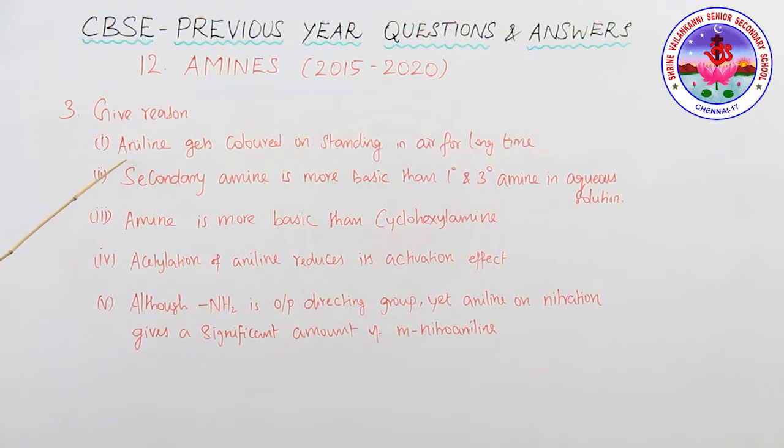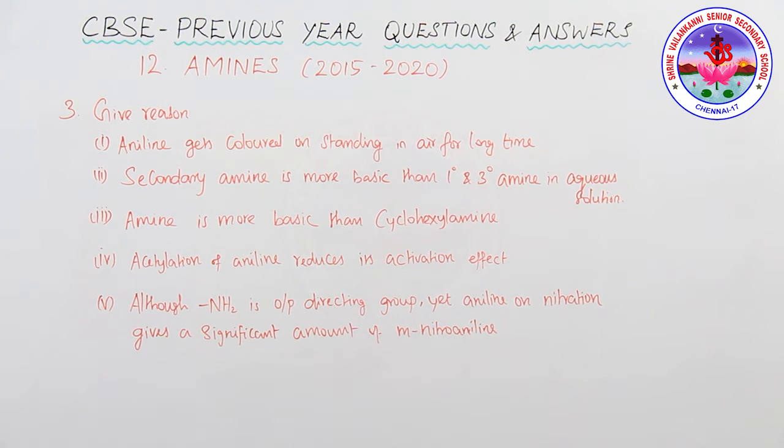Once it reacts with air, it develops a brown color. It means it gets oxidized. So the reason is that aniline gets oxidized, which is why on standing in air for a long time it develops color.